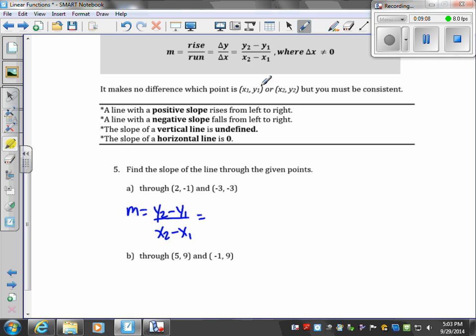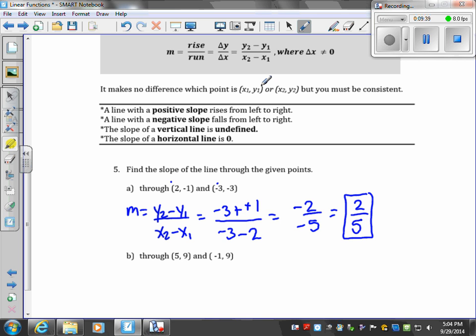So y2 is negative 3 minus y1 is a negative 1. x2 is negative 3 right here minus x1, which is going to be negative 2. That becomes plus, so we get negative 2 over negative 5. A negative divided by a negative is a positive 2/5 slope.